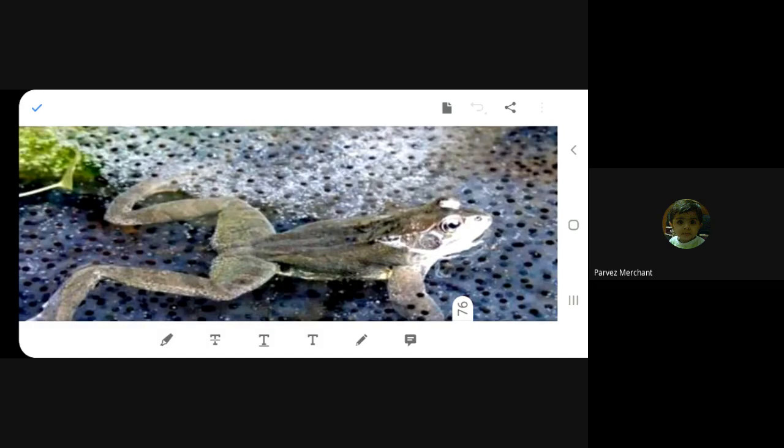Fertilization is necessary even in asexual reproduction. Is fertilization necessary even in asexual reproduction? Yes.